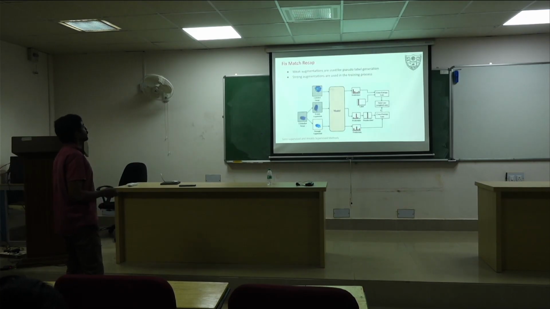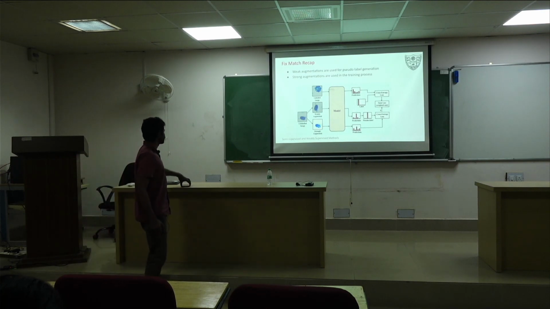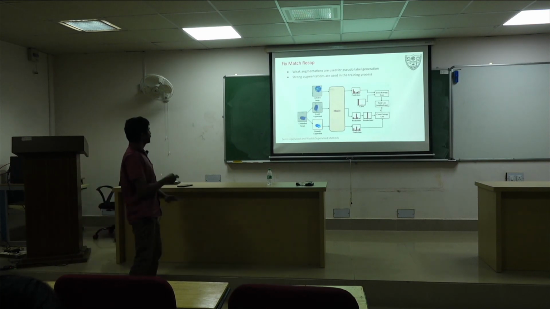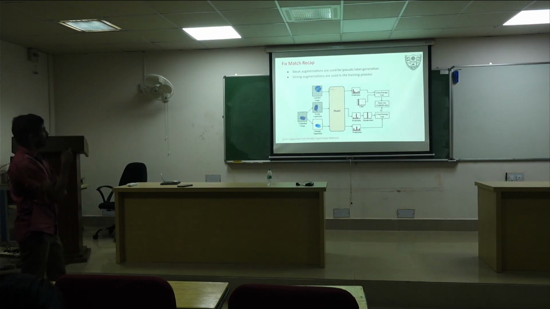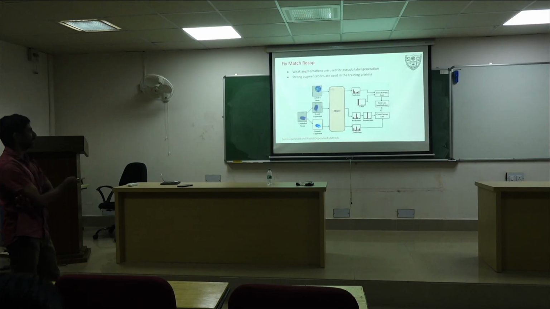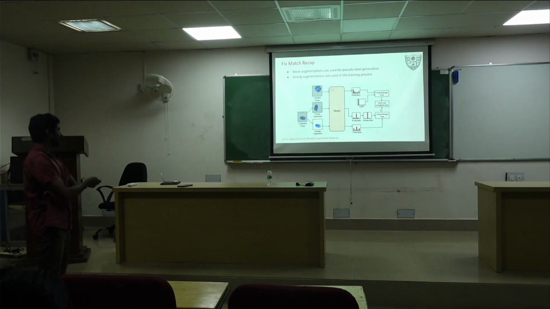Yeah. So the other thing that we did was the fixed match. The fixed match was basically another method, where you do a weak augmentation versus a strong augmentation. So you have a labeled image, and it follows the same path as supervised training.